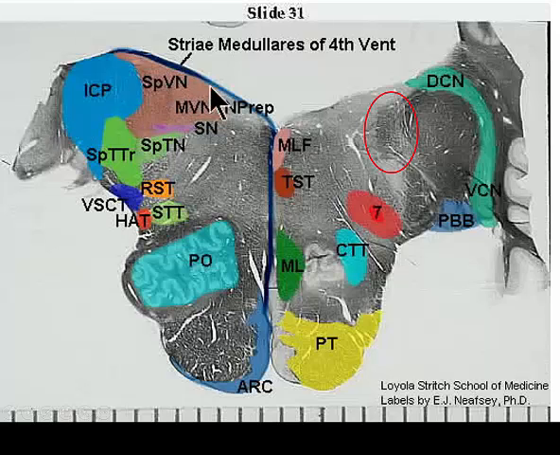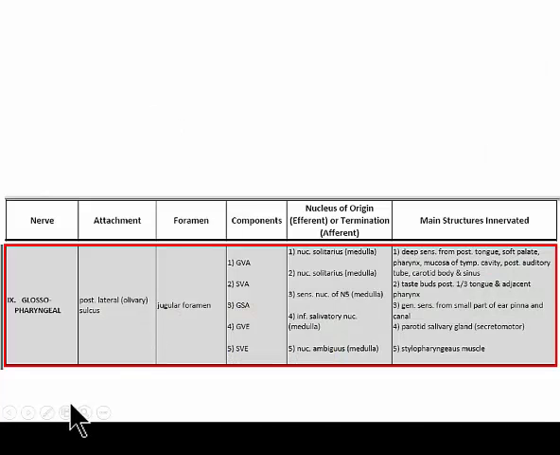Superior vestibular nucleus, medial vestibular nucleus, all here. There's a peppered look here to the inferior, or spinal, vestibular nucleus. And don't forget that the vestibular complex talks to the MLF.